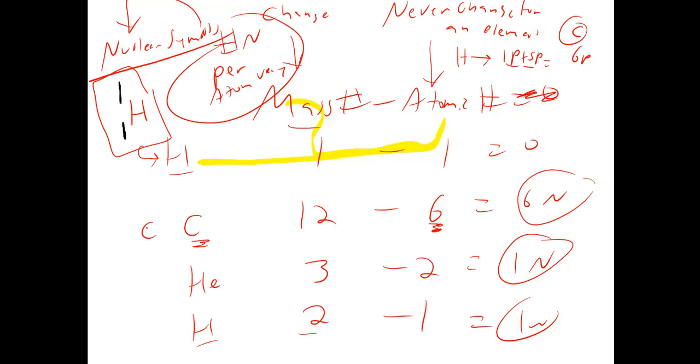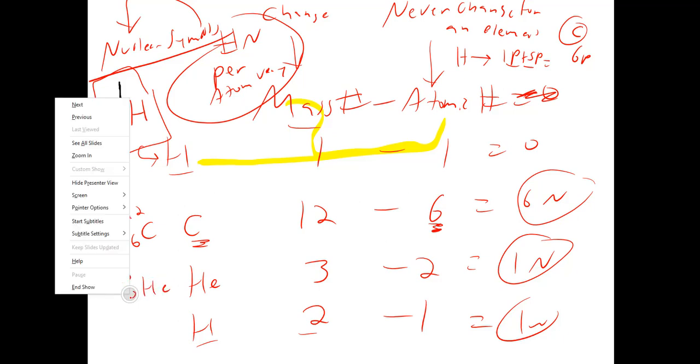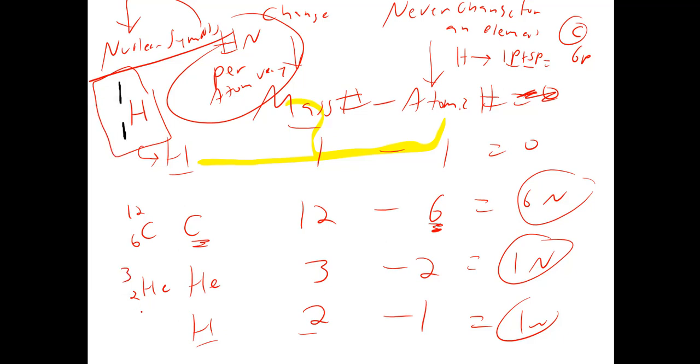I can do the same thing with carbon. And I can do the same thing with helium. And I can do the same thing with the other hydrogen. Part of the reason they do that is to make the math really easy.